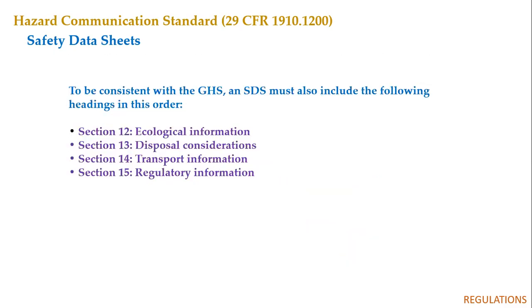This is for the hazard communication standard to be consistent with the globally harmonized system. The safety data sheet must also include the following headings in the order below: section 12 requires ecological information, section 13 disposal considerations, section 14 transport information, and section 15 regulatory information.